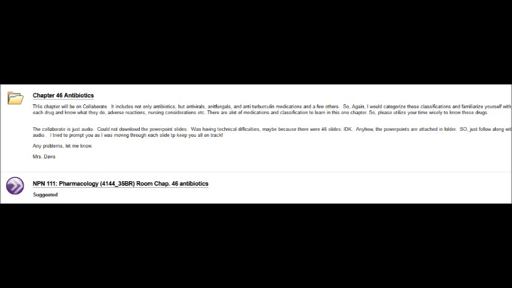So now let's talk about different drug classifications for these antimicrobial agents. The first class are aminoglycosides. Those are your gentamicin, streptomycin, and tobramycin. The action of these aminoglycosides is to kill bacteria by inhibiting their protein synthesis. This can be given by PO or IV.